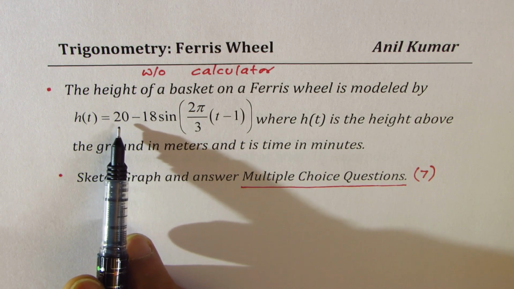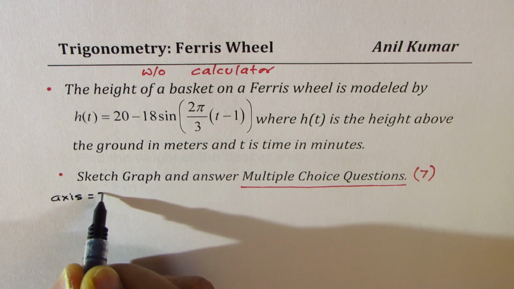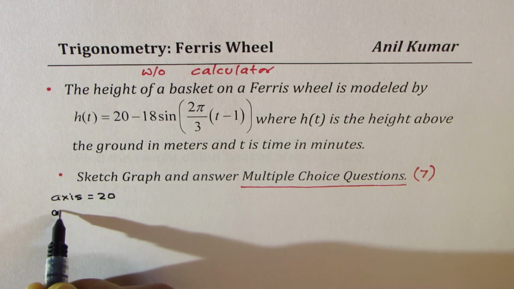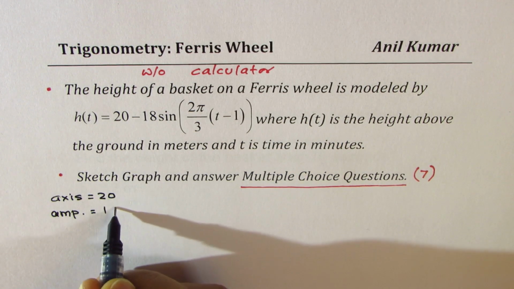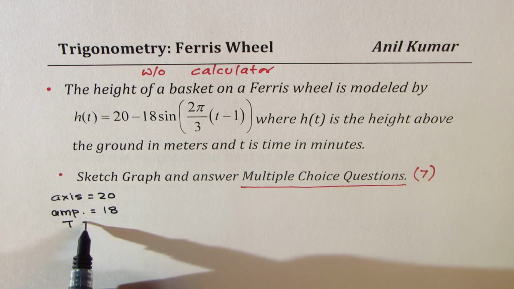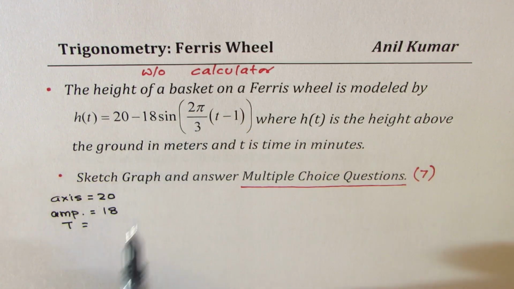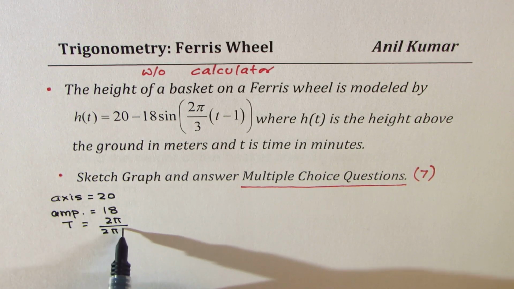This 20 here is actually the axis. So the axis is 20. Amplitude is 18. Time period, let's say T, since k is 2π/3, it should be 2π divided by 2π/3.